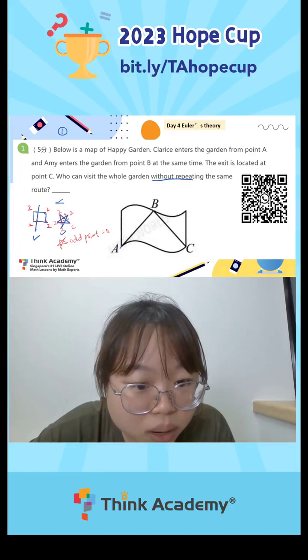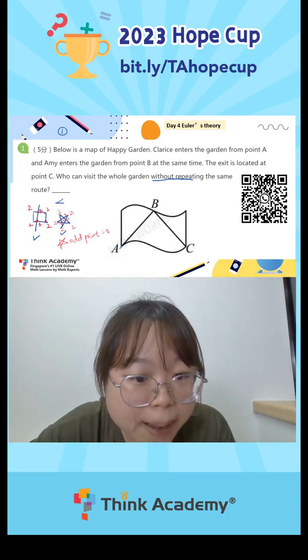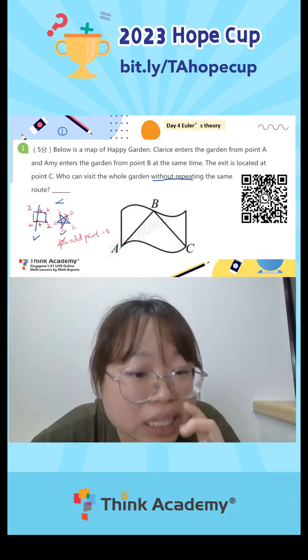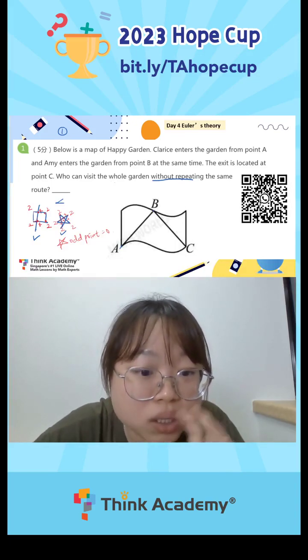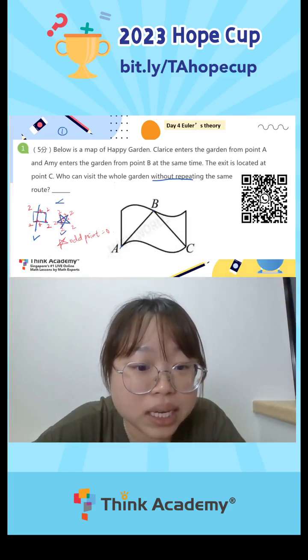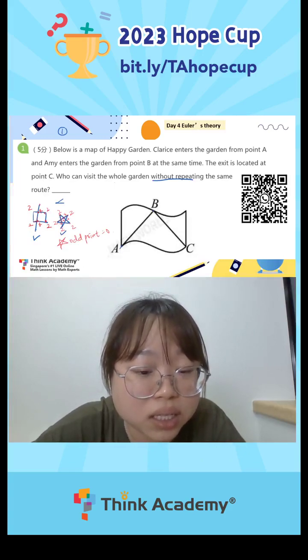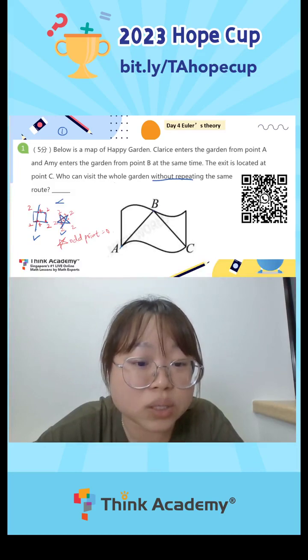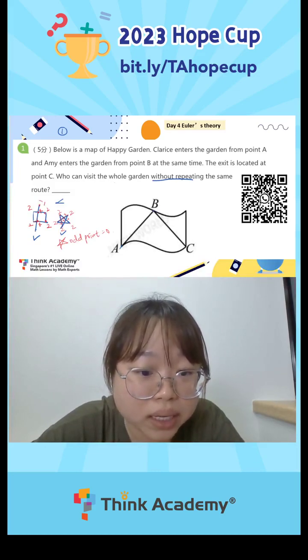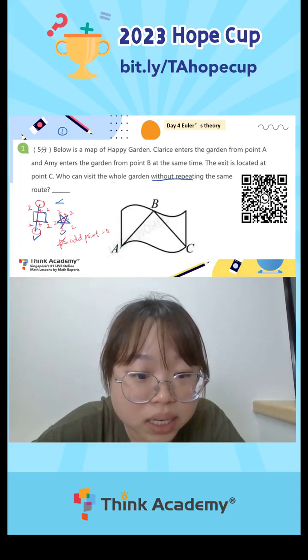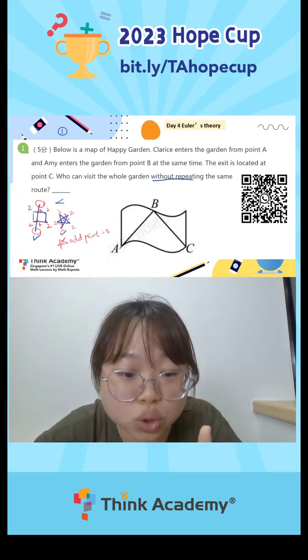What about this? 1, 2, 3, 4. Even point as well. But don't forget about the starting point of this stroke. This is connected to how many lines? 1 line. So this is an odd point. Circle the odd point. This is also an odd point. Circle the odd point.